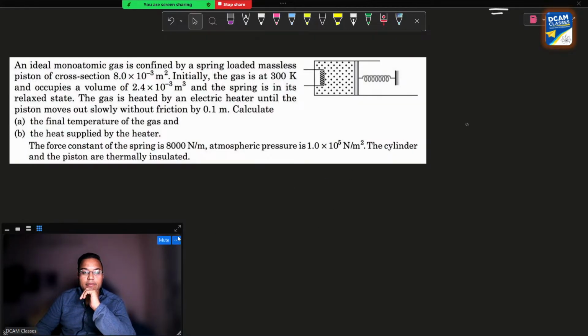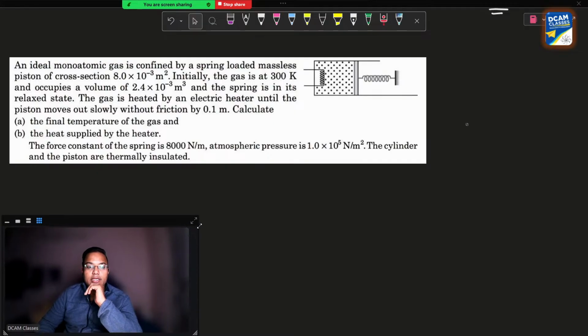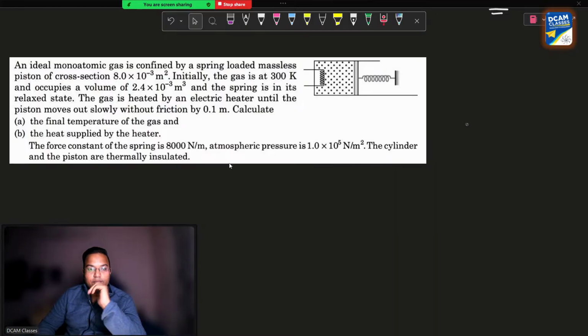Just read the question and then tell me whether you are able to understand the question or not. And if you have understood, do you have any idea how to approach this kind of question, how to solve this kind of question? All the concepts that are needed, you already know. Don't worry.